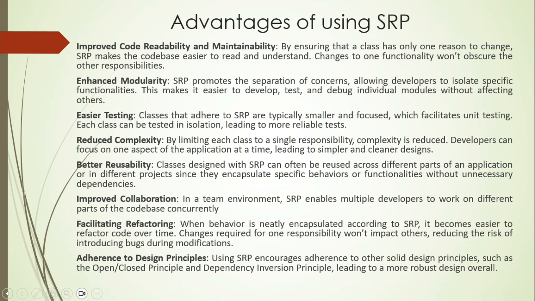So how do we achieve modularity? This is a question. One of the principles which contributes to modularity is the SRP, because we decompose our software into particular classes that are each responsible for a single responsibility.